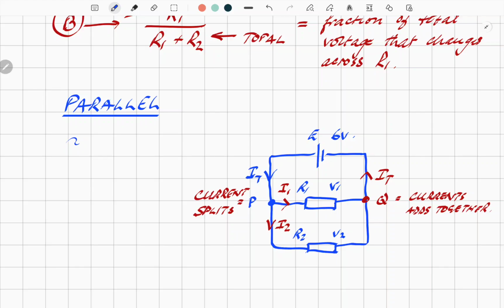Okay? Like that. So now the properties of a parallel circuit here. First thing, current splits across branches.